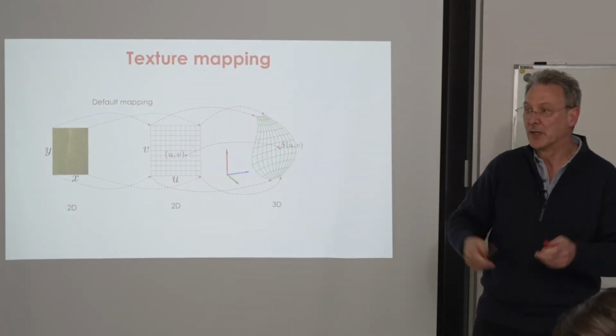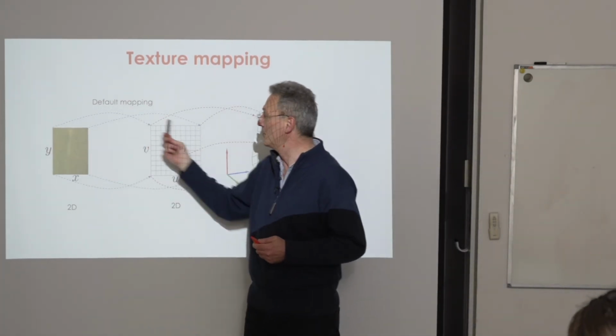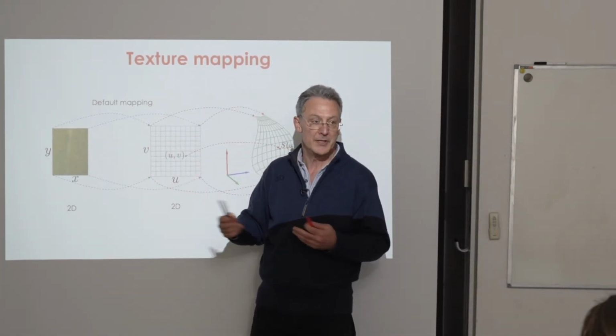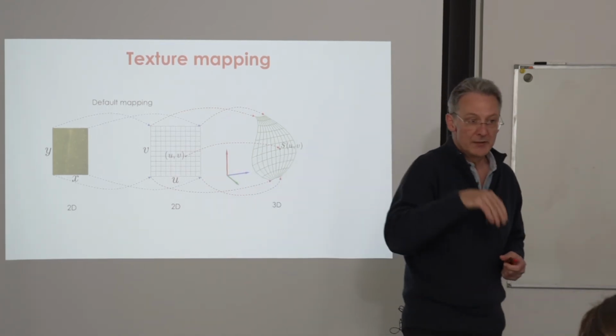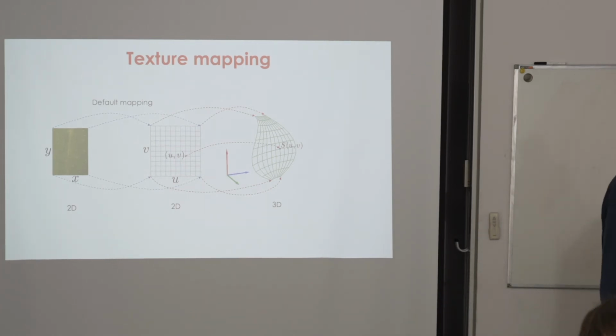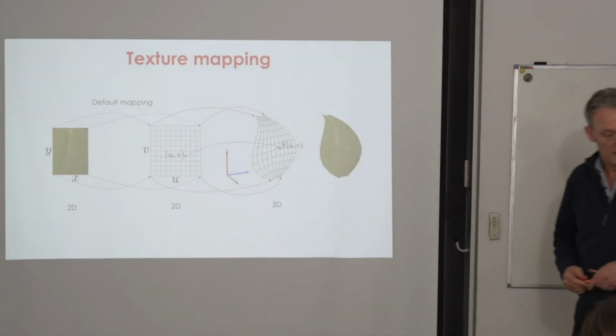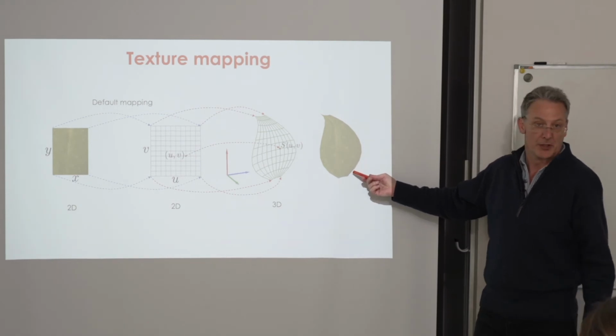By default. It may be more complex. It is possible to have a more complex mapping, in blue here, where there is non-linear mapping, and then you need to define a bit more precisely the way this mapping is defined. I don't enter into the details here, but it would be possible. And then what is amazing is that you can map the image on the surface in this way.